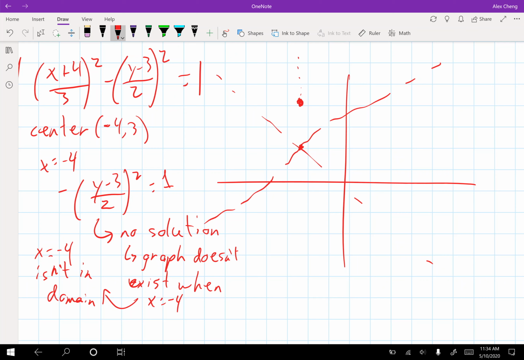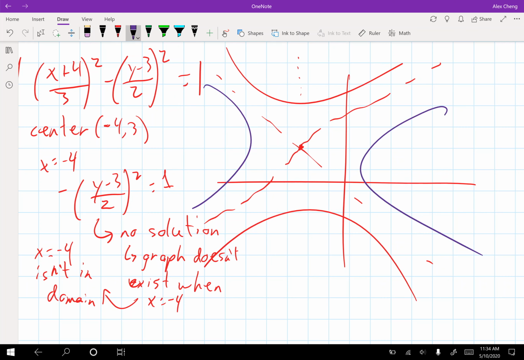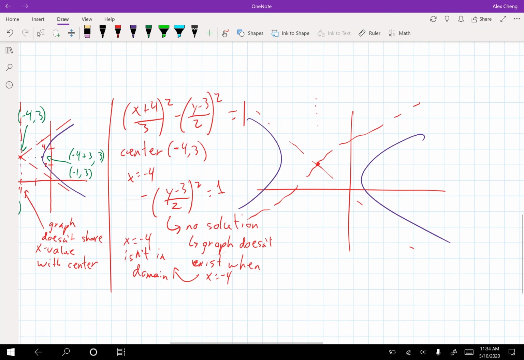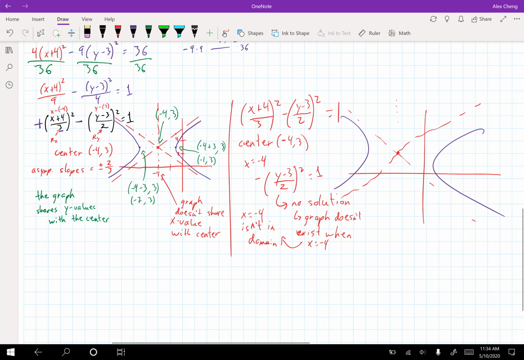And therefore, since the hyperbola can only open this way in red, or that way in purple, you just ruled out the red way. So it has to be the purple way. So hopefully that explanation makes sense, if we couldn't just remember that it's positive so it opens this way, or negative so it opens that way.